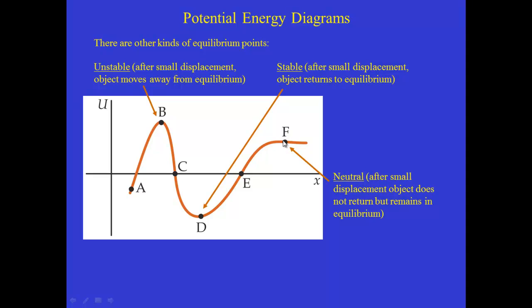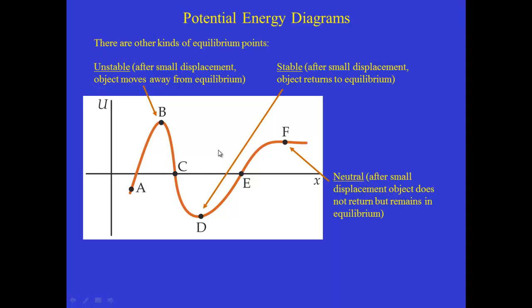And so the object doesn't return to where it came from, but it still stays in equilibrium. So point F is not really that special of a point. It's just a place where there's no net force, and if we move it, it still doesn't experience a net force. These other points, A, C, and E, although they might look like they have special significance, really don't in terms of the potential energy diagram.